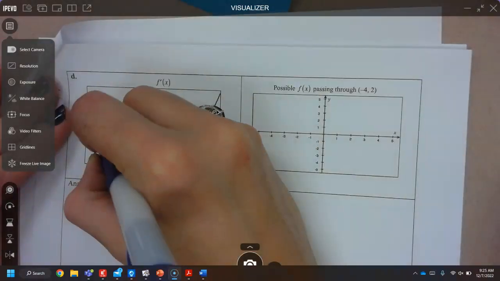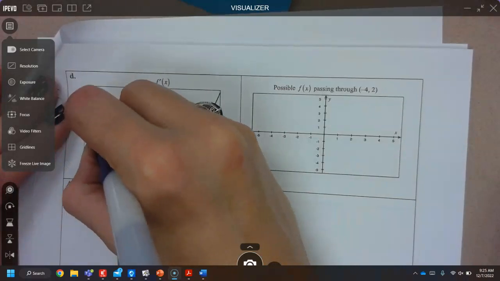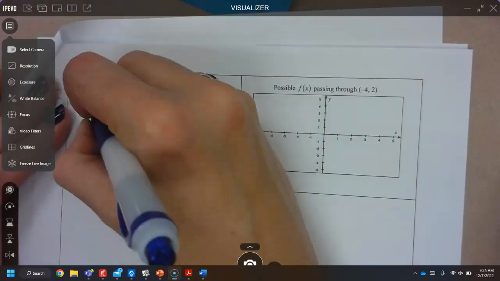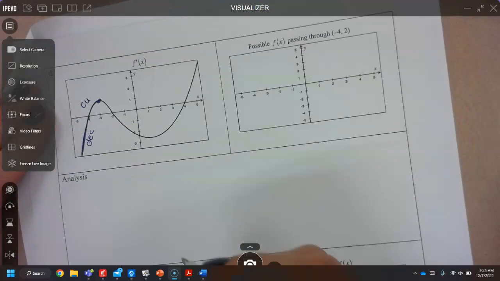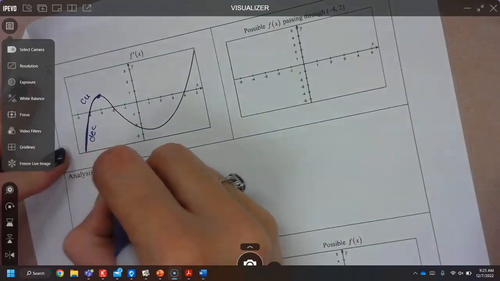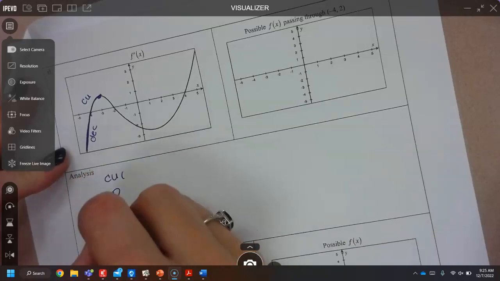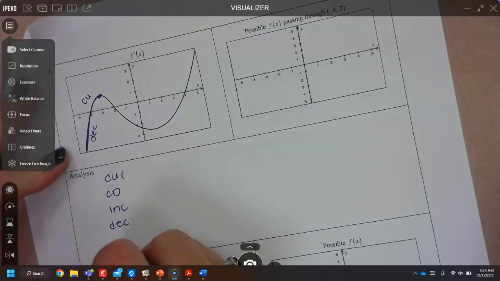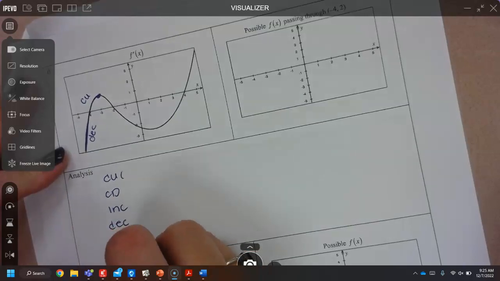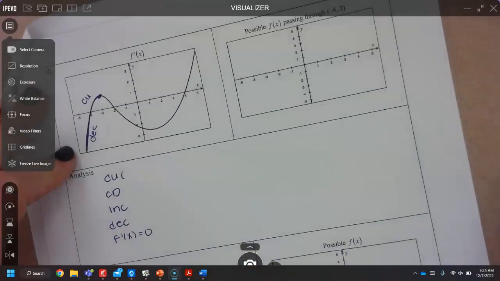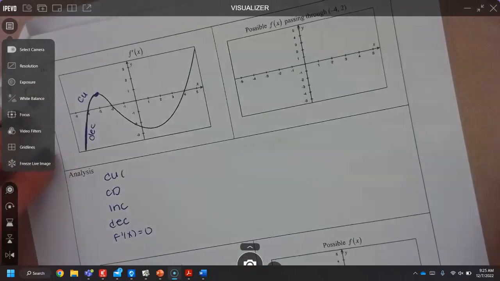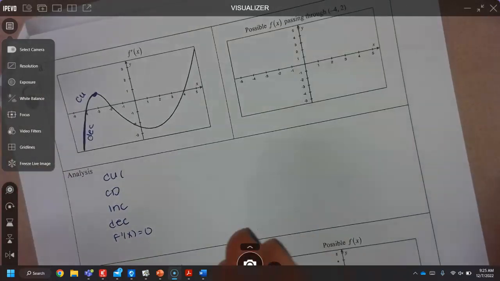If f prime is increasing, then it's concave up. So I would almost have my concave up, concave down, my increase, my decrease, and f prime of x equals 0 down here in my analysis, because that will give me the intervals of importance on my original.